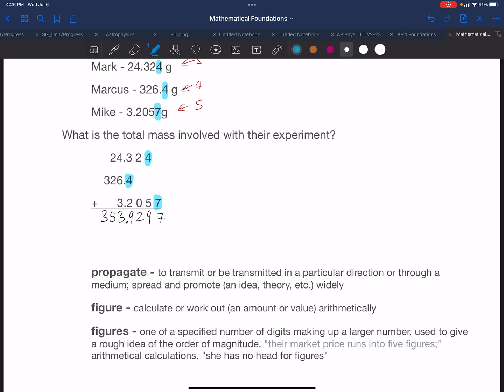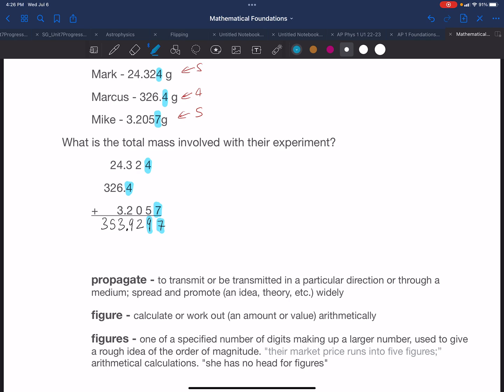If we look at the uncertain digits, this 7 we're unsure of. And since this number is 5 and this one's 4, we're sure this is a 5, but we're unsure whether that's a 4. We can't be sure if this 9 is correct. This 2 and this 2 we're sure of, but we're not sure if this is a 4.